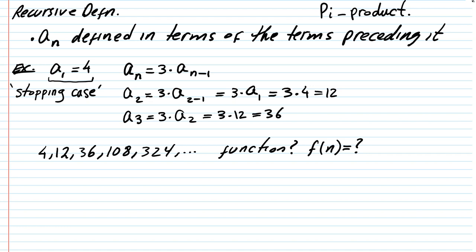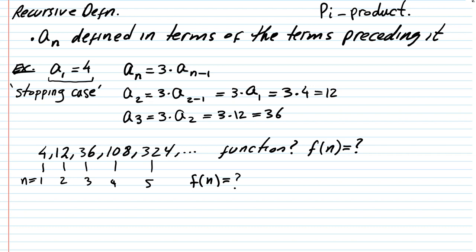Now, if I want to know the functional form of this, at this point, I can just kind of guess, right? I can say, well, when n is 1, it's that. When n is 2, when n is 3, when n is 4, when n is 5. So can I say f of n is whatever?